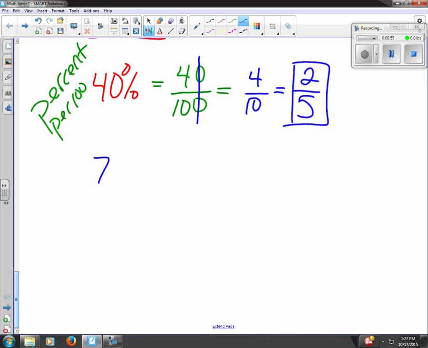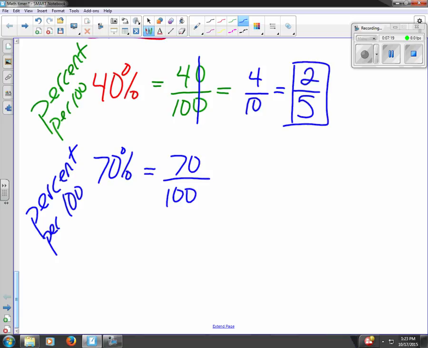What about 70%? I have to put it into a fraction and then simplify it. Percent means per 100, so it's 70 over 100. Again, I cancel out those zeros, and I get 7 over 10. In this case, that's as simple as it gets. So I'm done.